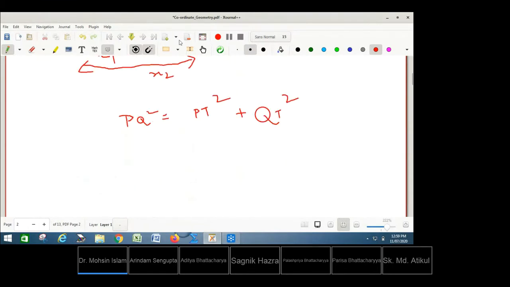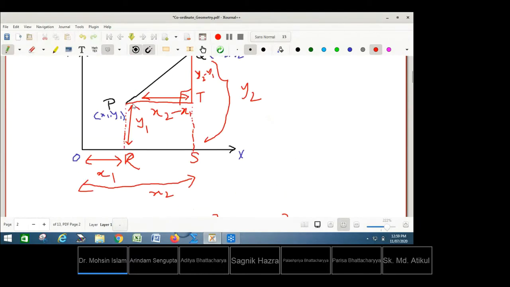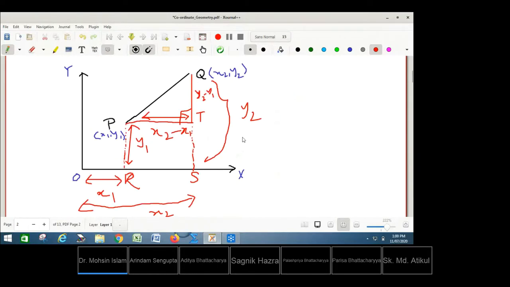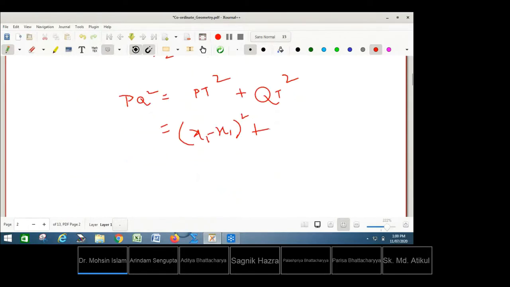So from Pythagoras we can write PT is x2 minus x1 whole square, because already you have calculated PT, plus QT, y2 minus y1 whole square, and this is your PQ square. If you take the positive square root, why am I taking the positive square root?